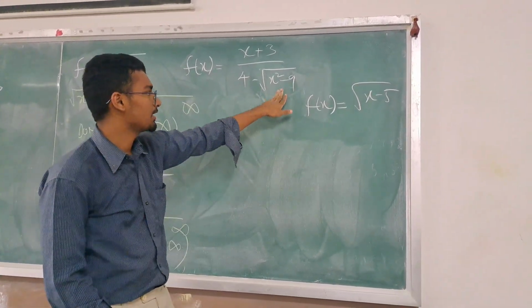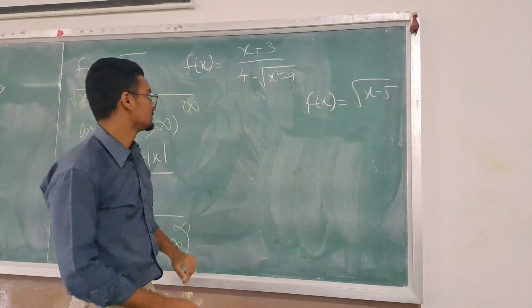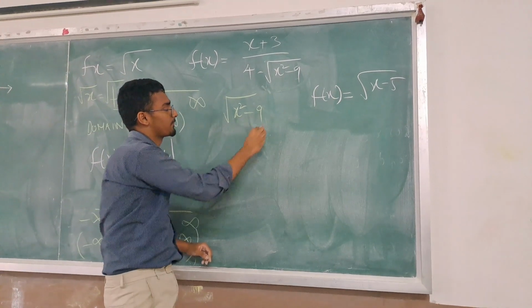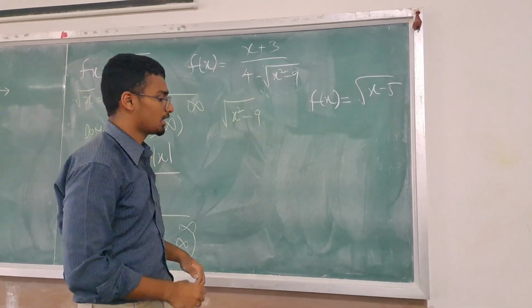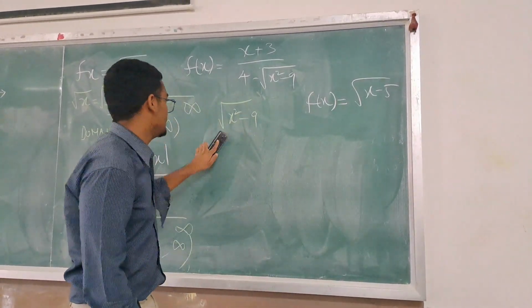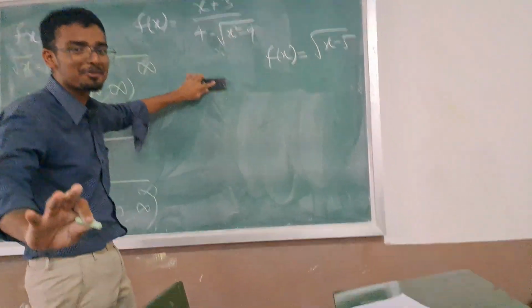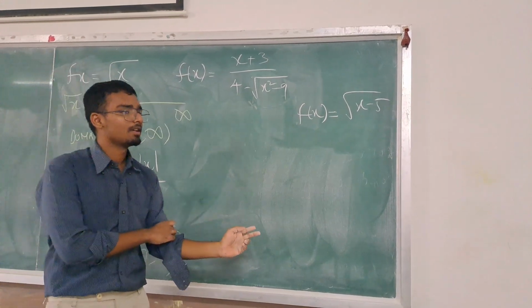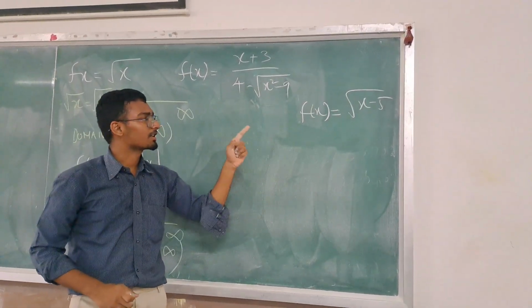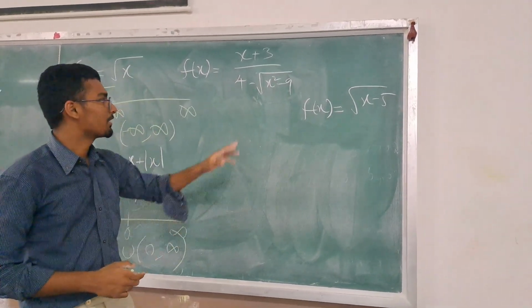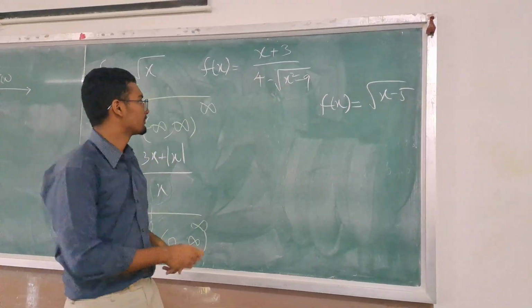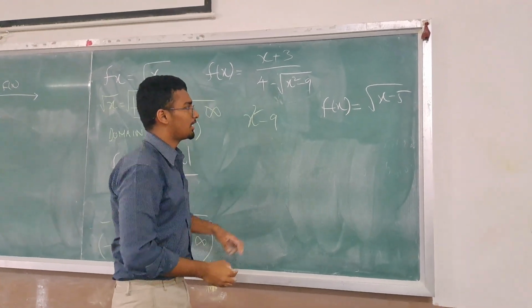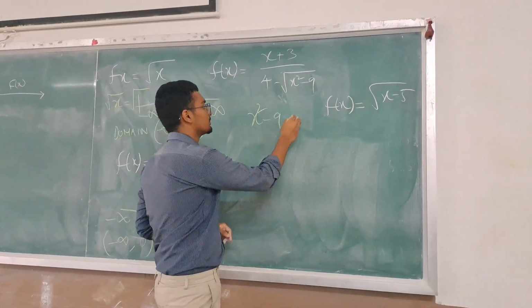I am separating this root term, x square minus 9, and equating this term with 0.